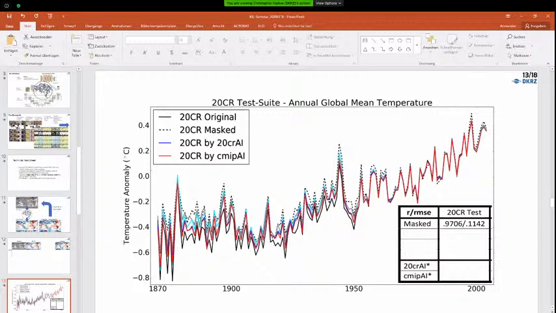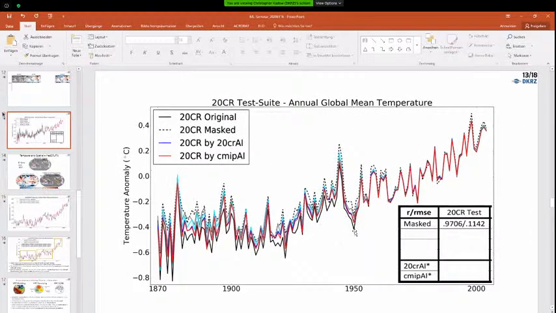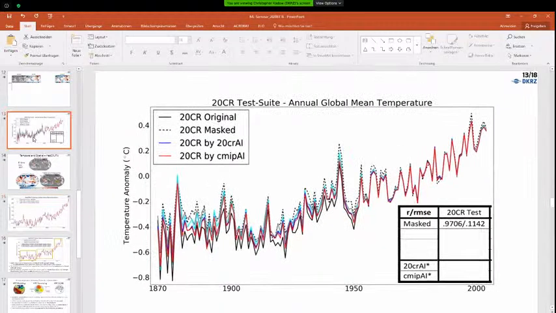So it sometimes overshoots and undershoots, but it's more of a cold bias. Compared to the original, the AI methods are higher on 20CR and lower on HadCRUT 4.